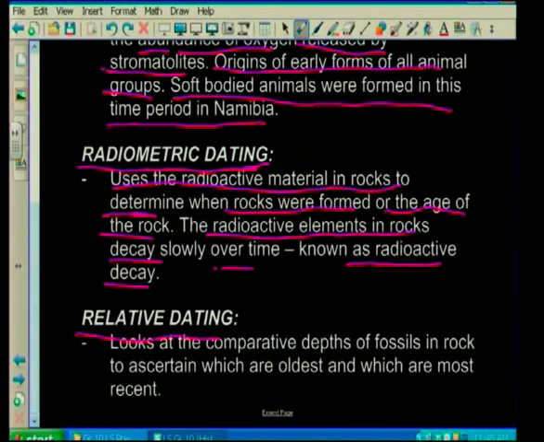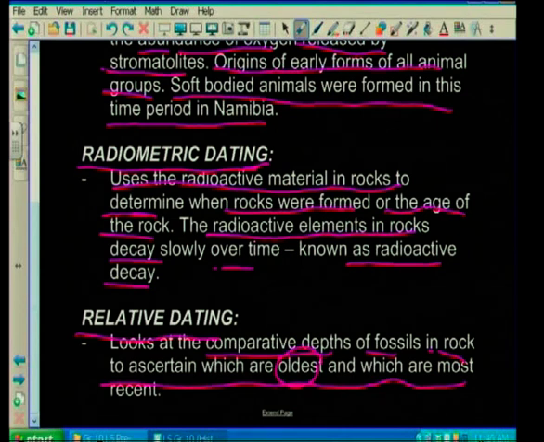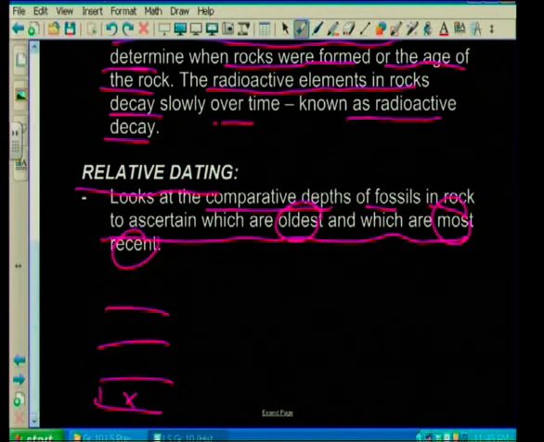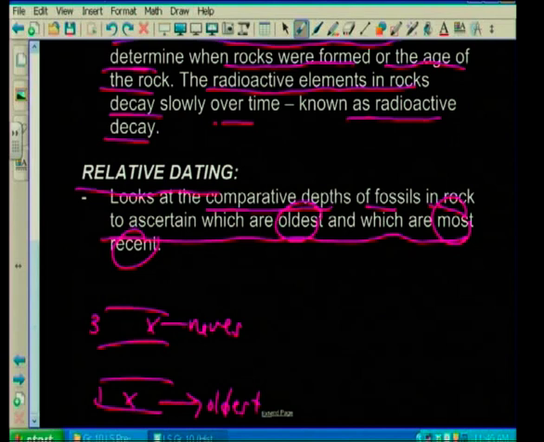Now let's look at relative dating. Relative dating looks at the comparative depths of the fossils in rocks to ascertain which are the oldest and which are the most recent. If there's a fossil found in rock layer 1 and a fossil found in rock layer 3, the layer at the bottom has the oldest fossil, and the layers on top have the most recent fossils.